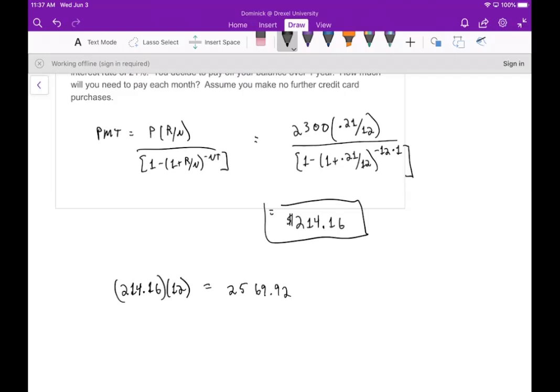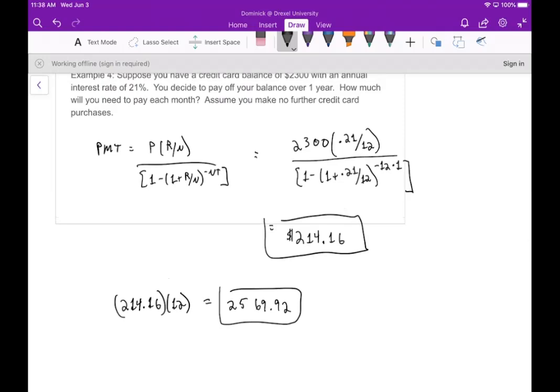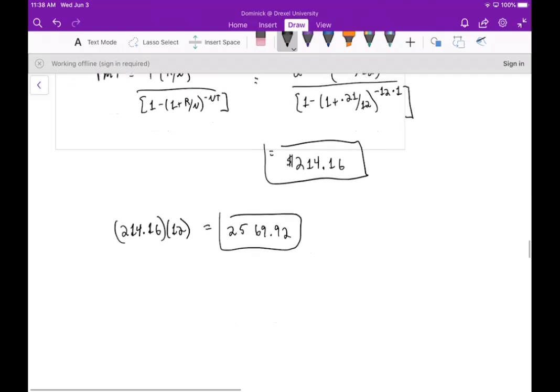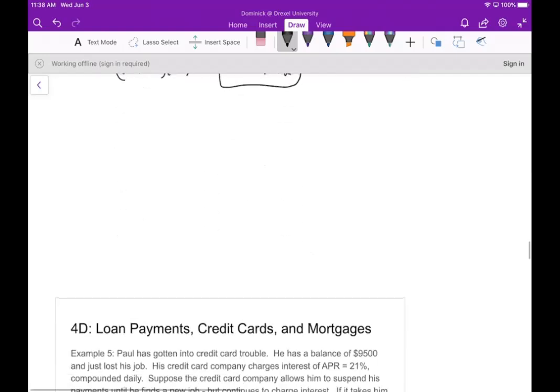So even in the short amount of time, and you're continually paying this balance off, you're still ending up paying almost $300 in interest in just a year's time, right? So with these large interest rates, you're going to be paying quite a bit towards interest if you accumulate a large balance like this.